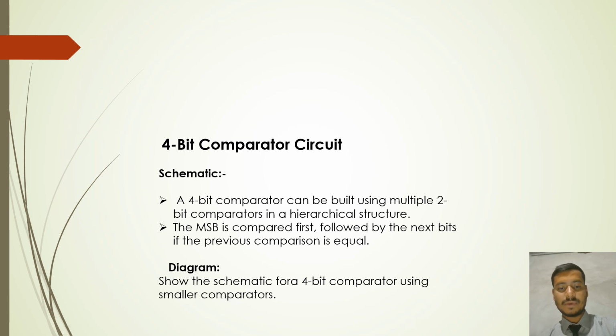Schematic: a 4-bit comparator can be built using two multiple-bit comparators in a hierarchical structure. The MSB is compared first, followed by the next bits if the previous comparison is equal. Diagram: the schematic for a 4-bit comparator using smaller comparators.